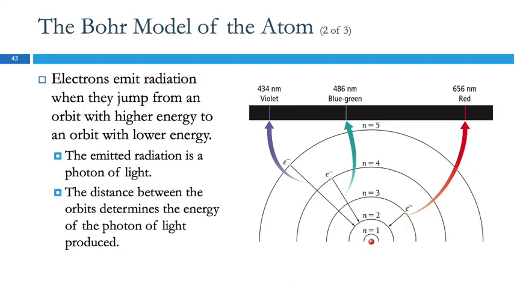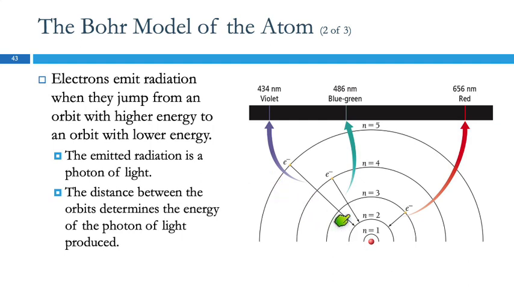So here's an illustration of the Bohr model. Here we have the nucleus, and this is our first orbit, and second, and third, fourth, fifth. An electron can be in any of these orbits.